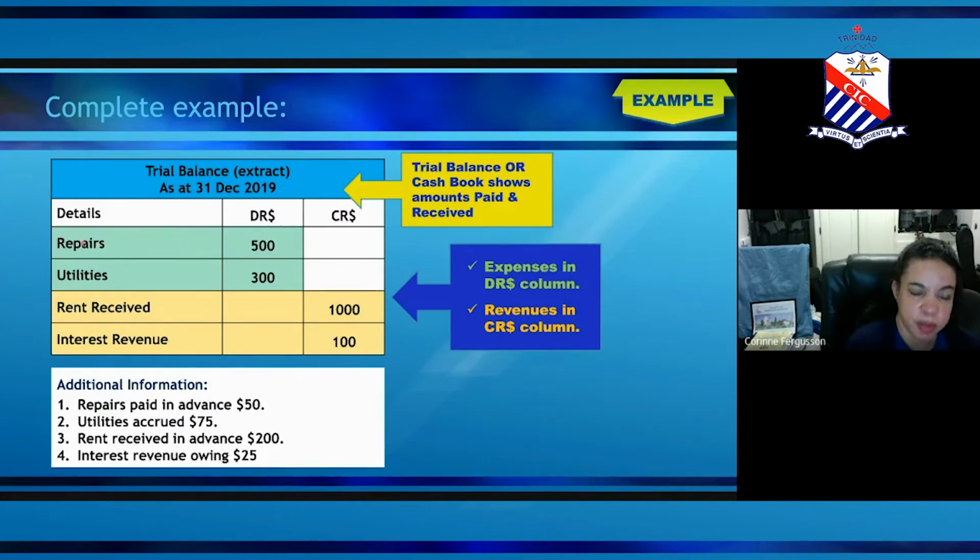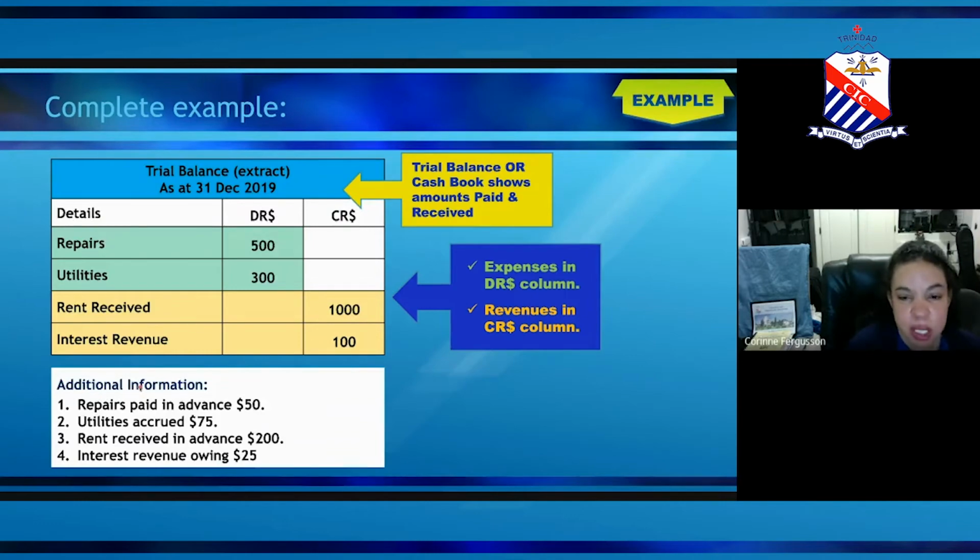So repairs is $500 that was paid. In terms of utilities, it was $300 that was paid. In terms of rent received, which is credit, that means it's revenue, it was $1,000 that was received. Interest revenue, it was $100 that was received.